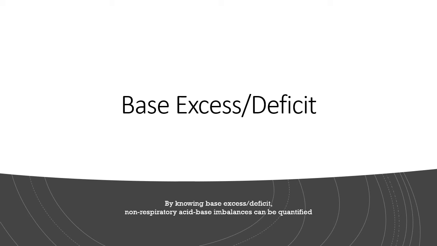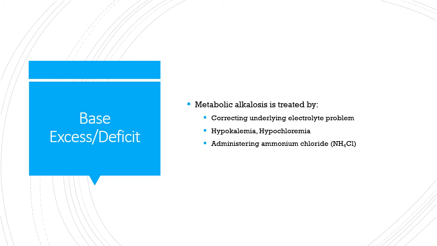We're going to talk about base excess or deficit. For example, a base excess will help you in identifying metabolic alkalosis that can be treated by correcting the underlying electrolyte problem. Often hypokalemia or hypochloremia. This can be corrected by administering ammonium chloride.